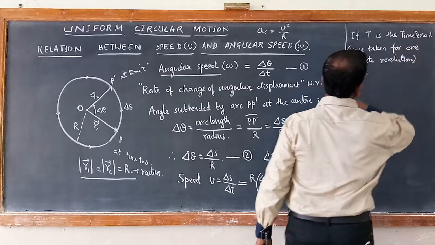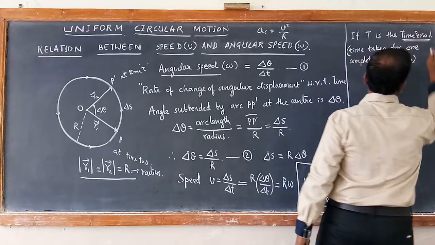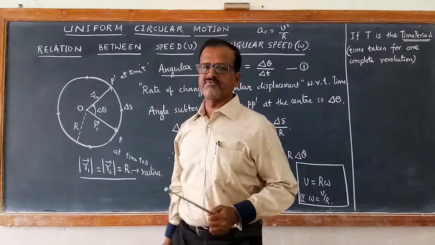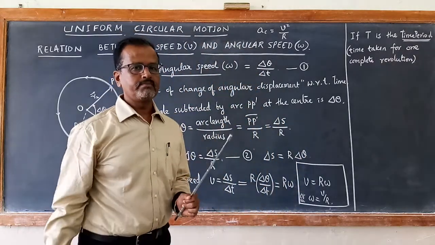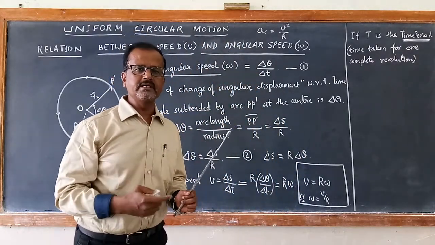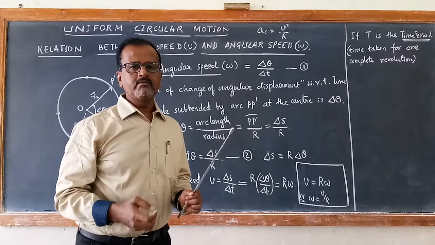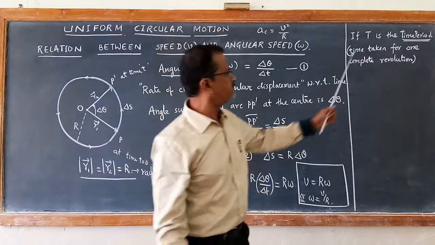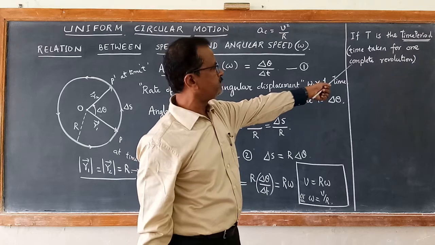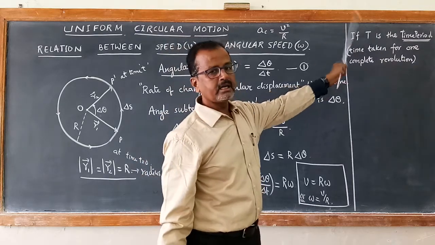This is called time period. This is also example of periodic motion. If you recall, what is periodic motion? Periodic motion is the one which repeats itself regularly by taking a fixed interval of time. So that fixed interval of time for which it completes one revolution is called as time period T.